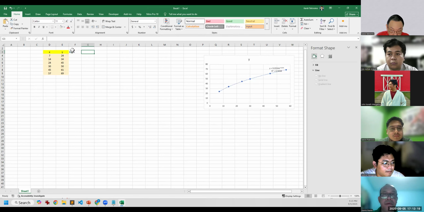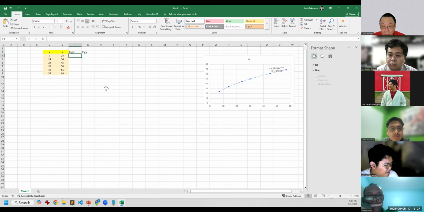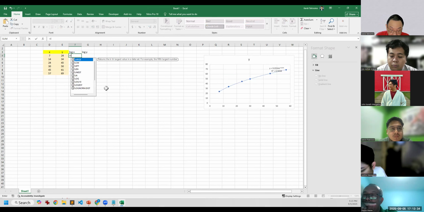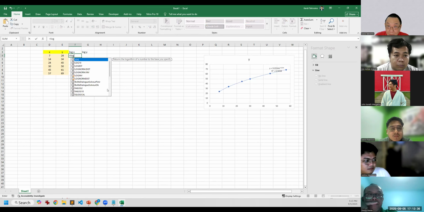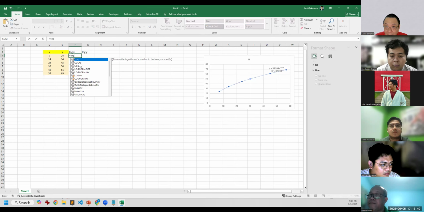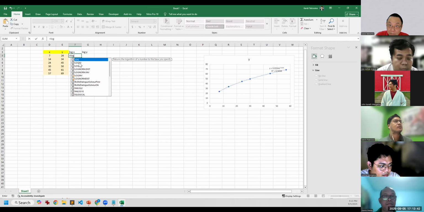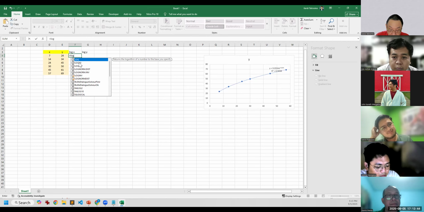You can use any base of the log, as long as it is the same base. So for example, you can just use log or log 10. That's okay. So say I have log of x.